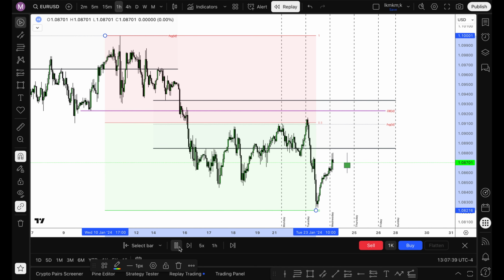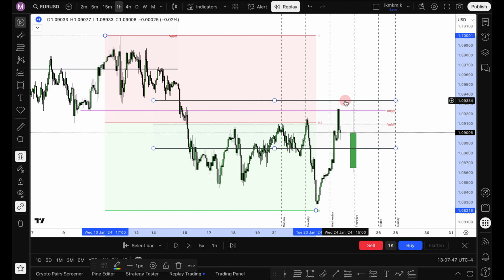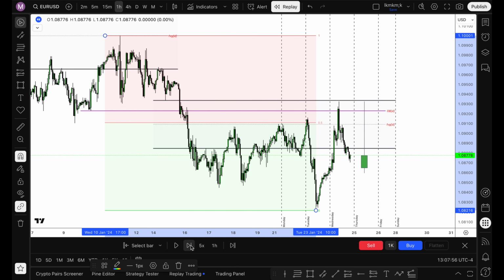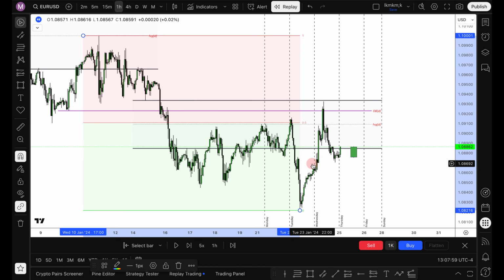So keep printing, and then price respected the daily order block that was printed, and it almost rebalanced the daily fair value gap fully. Then we've got a displacement to the downside, and then moving on to the next day.